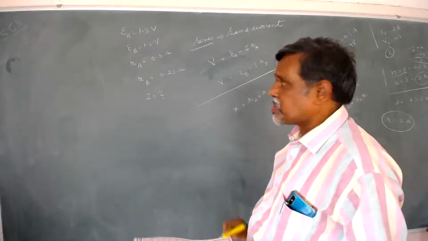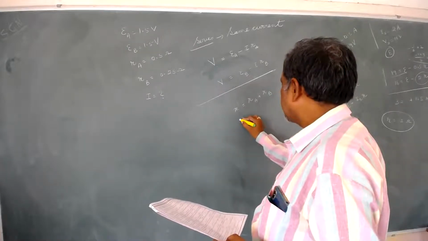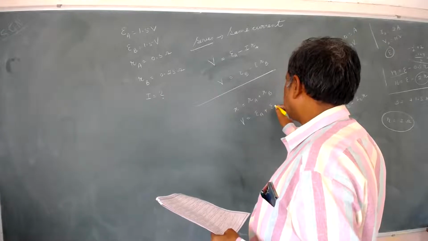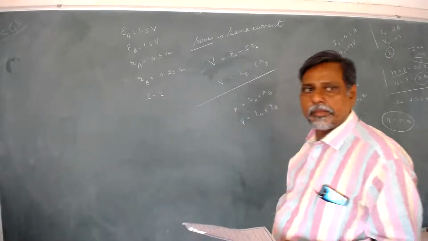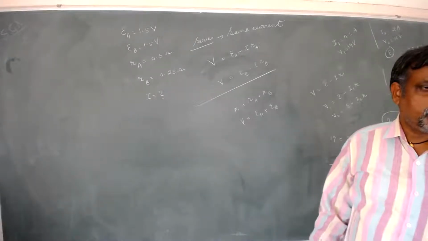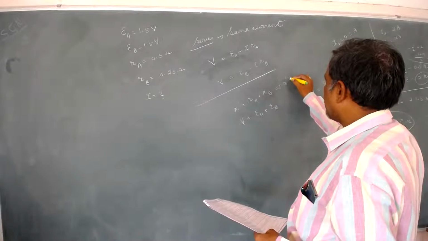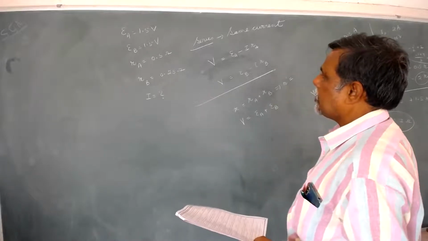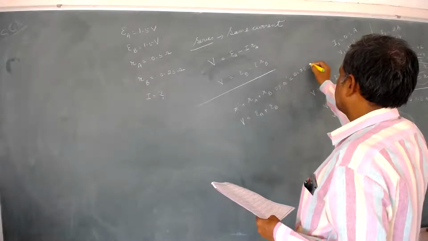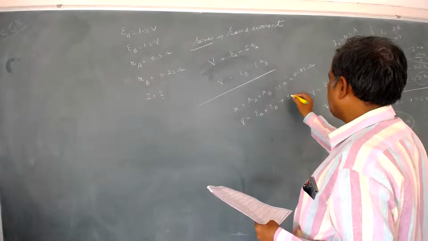In the series combination, potential adds up, so the effective potential V is V1 plus V2, epsilon A plus epsilon B. So R dash is 0.5 plus 0.25, which is 0.75, and V is 1.5 plus 1.5, which is 3 volt.